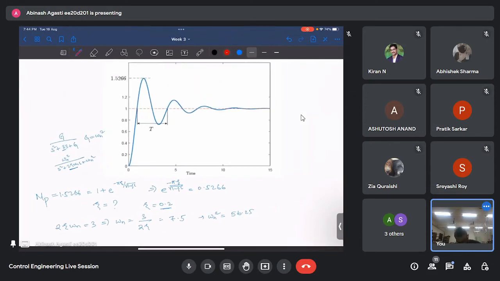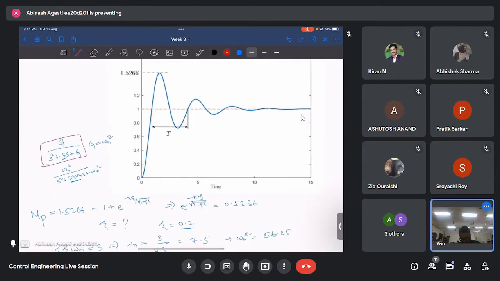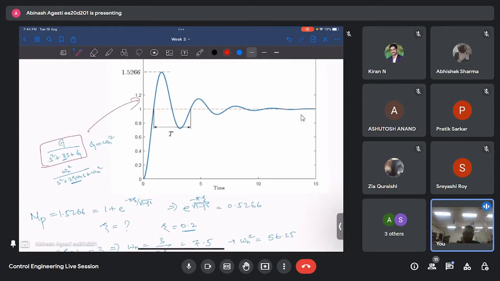So we were given this system and we were told that we want the response to be this way. We were given information about the peak overshoot, and we were told to find out what the value of G should be. So what we did was we took the value for peak overshoot and found out peak overshoot depends only on the damping ratio.